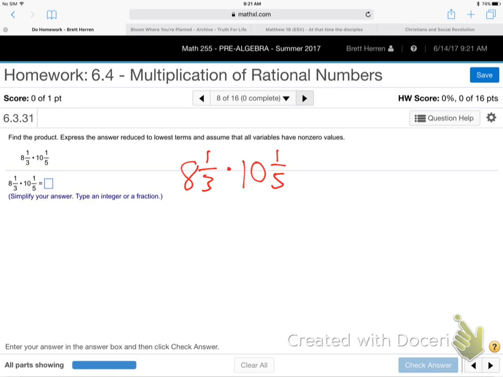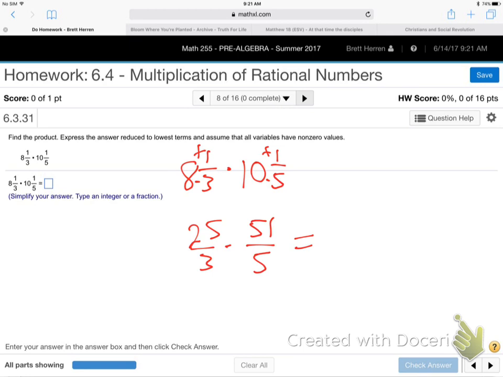So multiply the bottom and add the top, 25 thirds. Multiply the bottom, add the top, 5 times 10, 50, add 1, 51 fifths. Yeah, don't change the denominator like that.